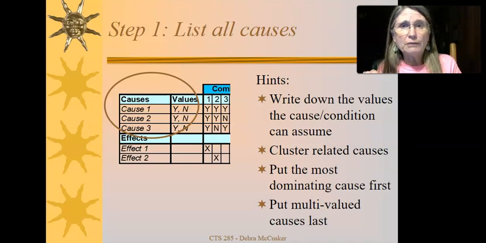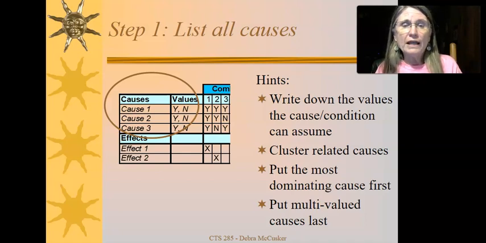Along with that concept, it's a good idea to put what's called the most dominating cause first. And again, an example will help to clarify what that means. But by putting something that is the most prominent at the top of the cause, it just will make the rest of the chart a little more simple to create.